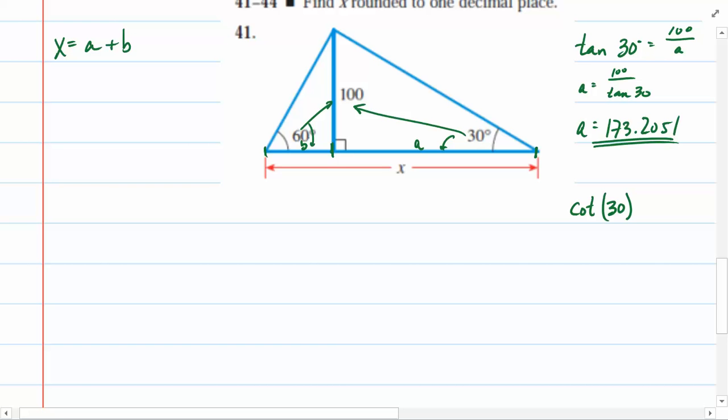Cotangent of 30 degrees must be equal to, instead of opposite over adjacent, this would be adjacent over opposite side. So we'll have B over 100. This means that B is equal to 100 times the cotangent of 30.